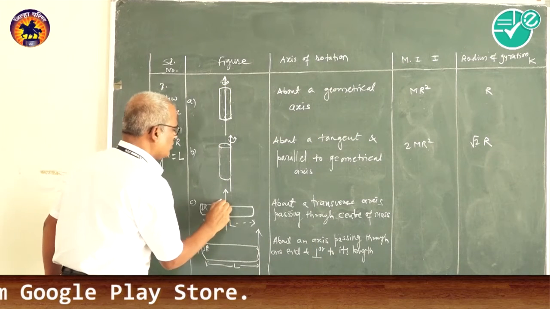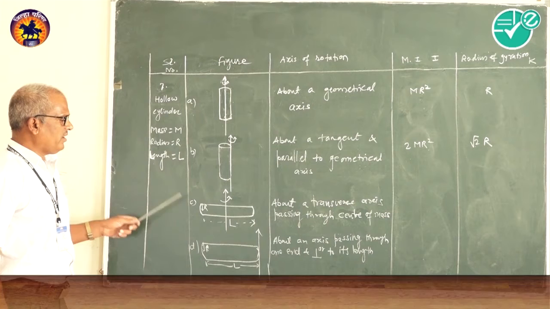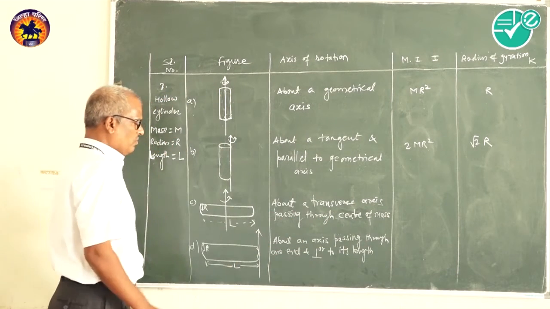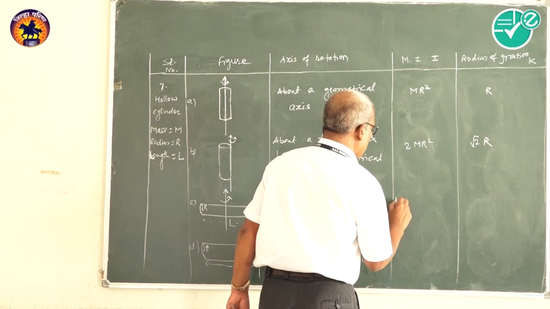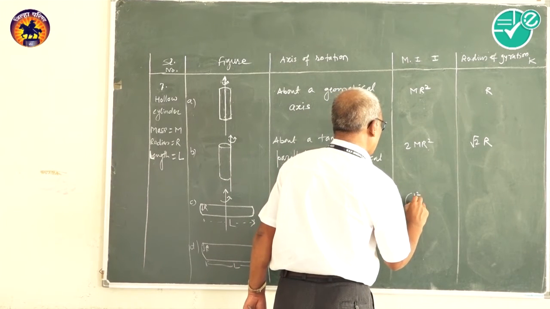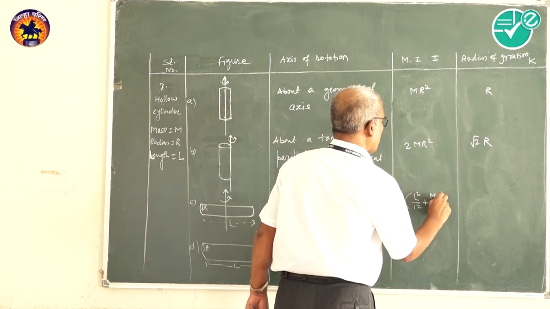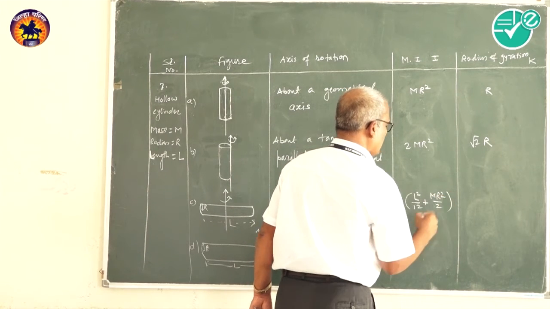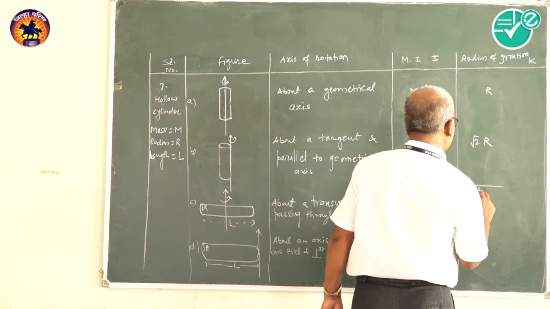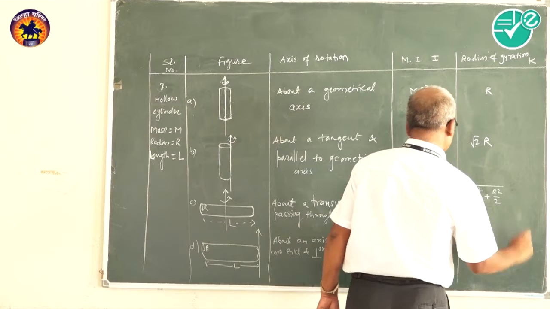Now the moment of inertia of the hollow cylinder of mass m, radius r, and length l about a transverse axis passing through its center of mass is m into bracket l square by 12 plus r square by 2. The radius of gyration is the square root of l square by 12 plus r square by 2.